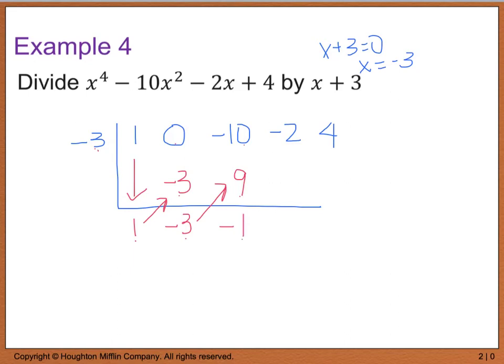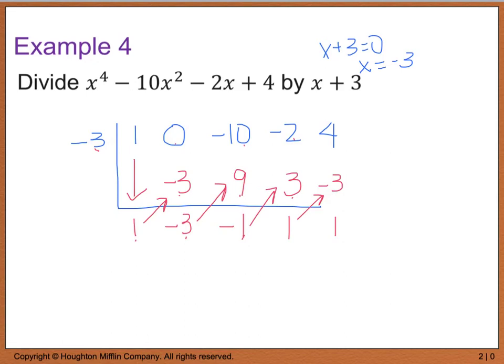Negative 3 times a negative 1 will give me a positive 3. Negative 2 plus 3 is 1. Negative 3 times 1 is a negative 3. Add these together and I get a positive 1. Now if you're left with anything other than 0 here at the end, that is your remainder. Then you have your constant, your x term, your x squared, and then your x cubed.